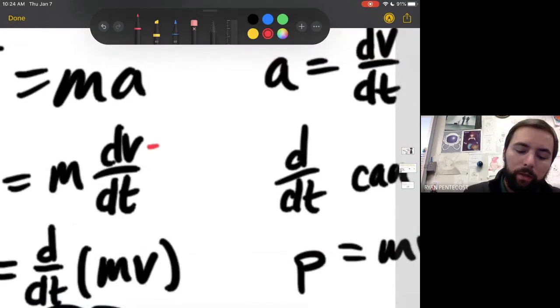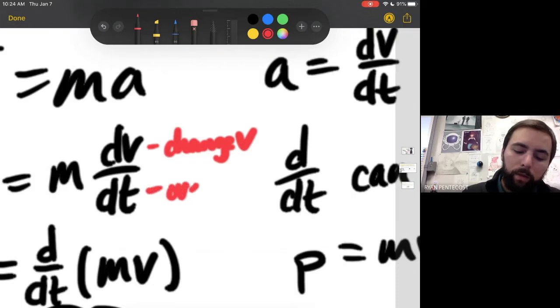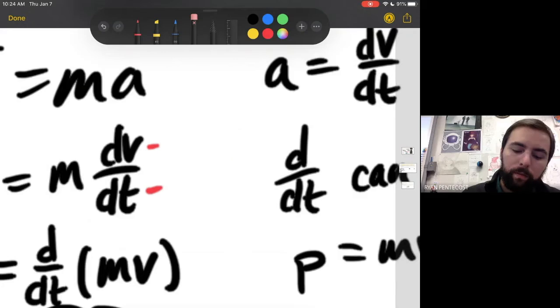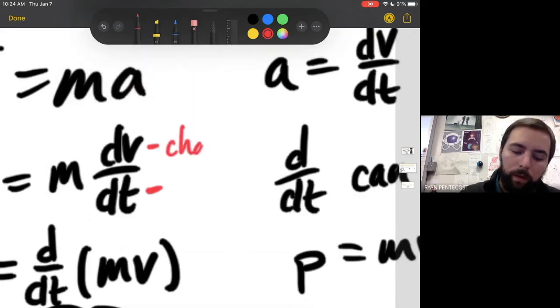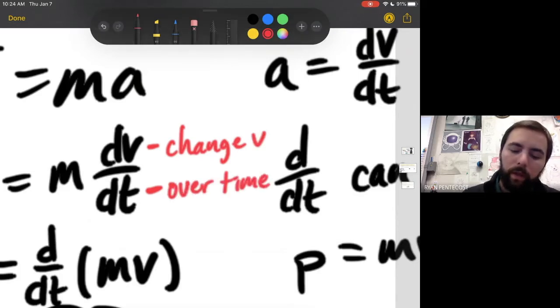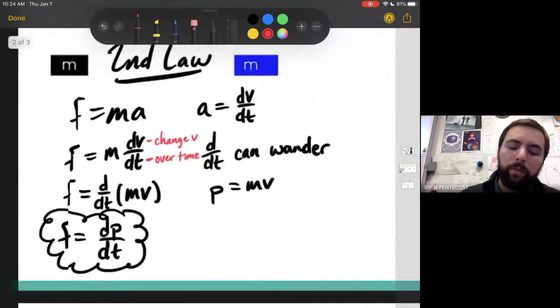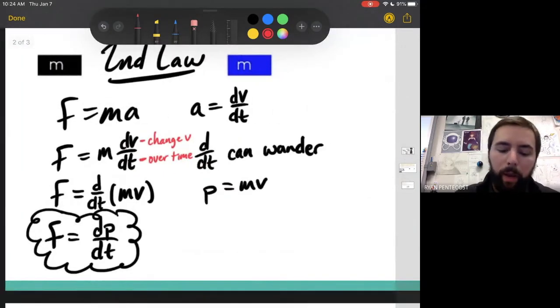This means a change in velocity over time. Can't read that very well, can you? Let's fix that. This is a change in velocity over time. So we usually use some change in velocity over time for our kinematics.